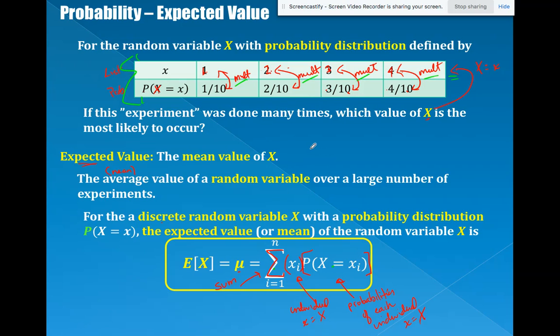Let me erase some. Well, no, I guess I don't need to erase. So what is this? This would be 1 times 1/10 plus 2 times 1/10. No, 2/10, silly.